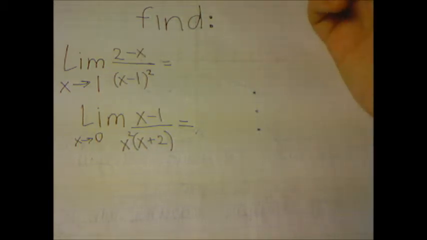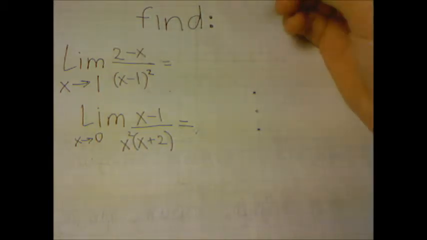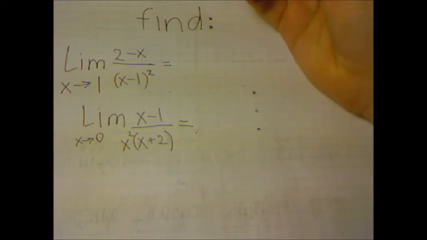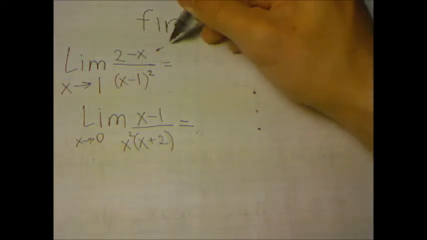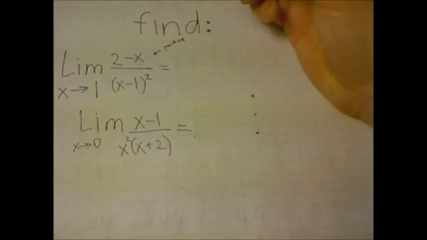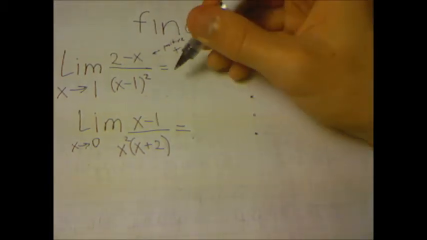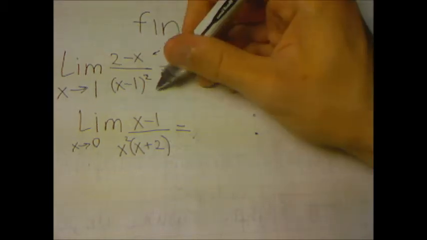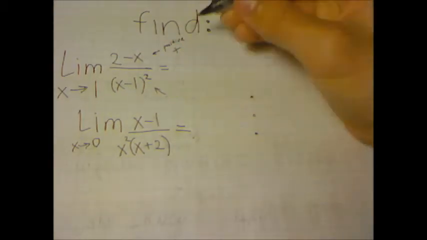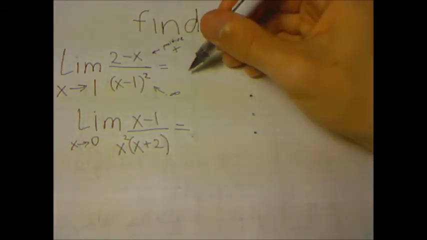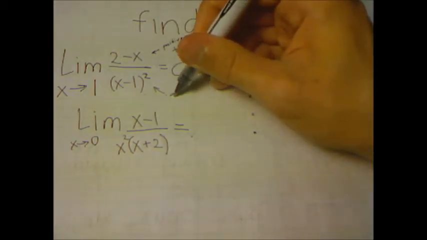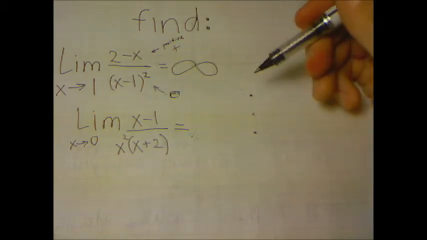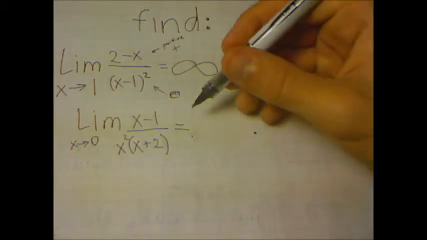For infinite limits, you just have to determine whether it will be positive infinity or negative infinity. In this case, just sub in x equals 1 and you will get that the numerator will be positive. For the denominator, if you sub 1 into your denominator, you have 0, which means that overall it will be approaching positive infinity because the numerator is positive and the denominator is approaching 0.